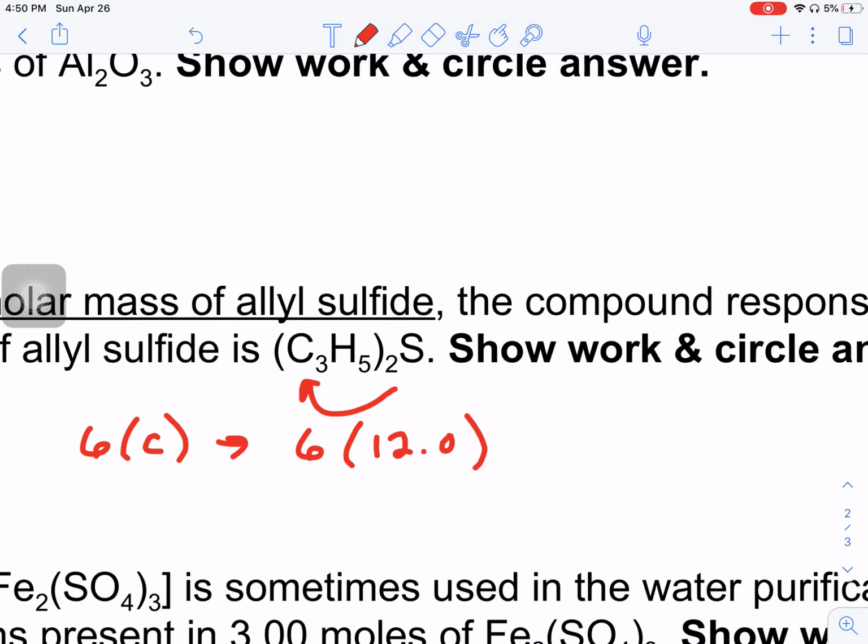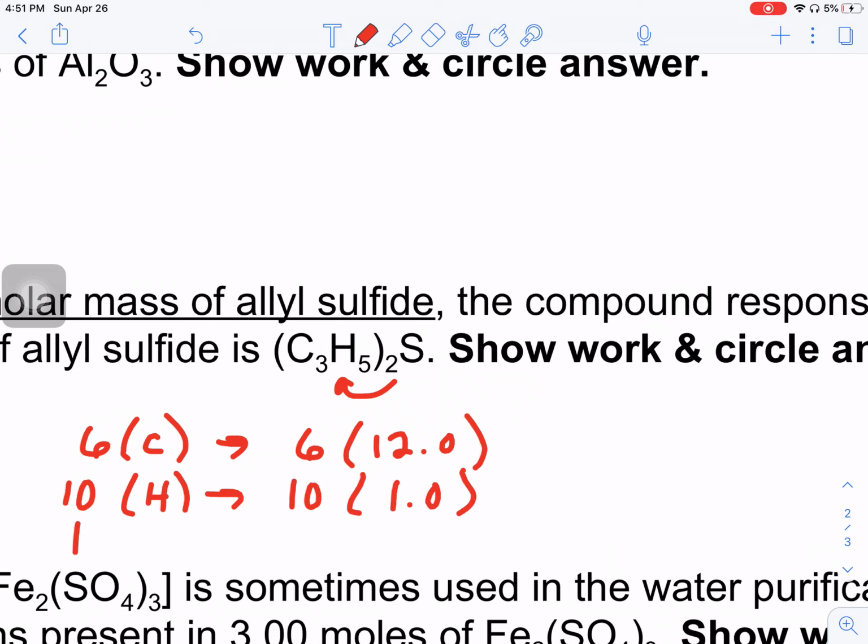Okay, we're actually going to have 5 times 2, or 2 times 5 hydrogens. So we're going to have 10 hydrogens, and hydrogen is 1.008. So we're just going to do 10 times 1. And it looks like we're just going to have 1 sulfur, and sulfur is just going to be 1 times 32.1.